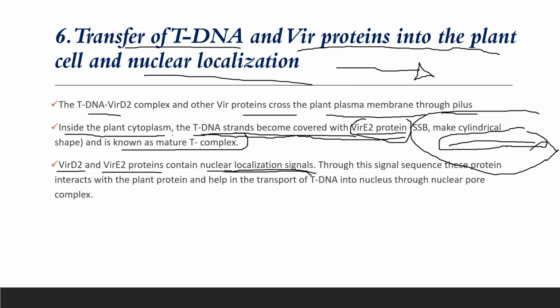Through the signal sequence, these proteins interact with plant proteins and help in the transfer of tDNA into the nucleus through the nuclear pore complex. So this is how the tDNA gets settled in the plant after all of the transfer process gets completed.